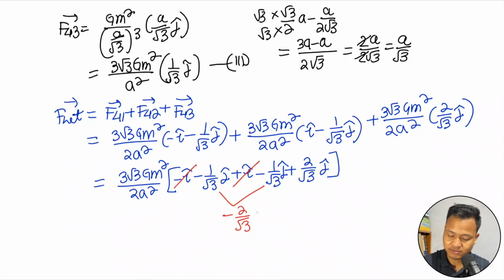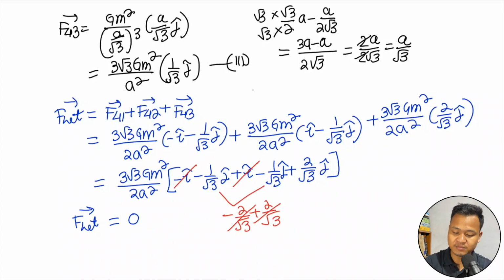And then you have here plus 1 by root 3, plus 2 by root 3. So this 2 also gets cancelled out. Finally, what is the answer? 0. Zero into anything is 0, so 0 into this is 0. Finally, the net force is 0.